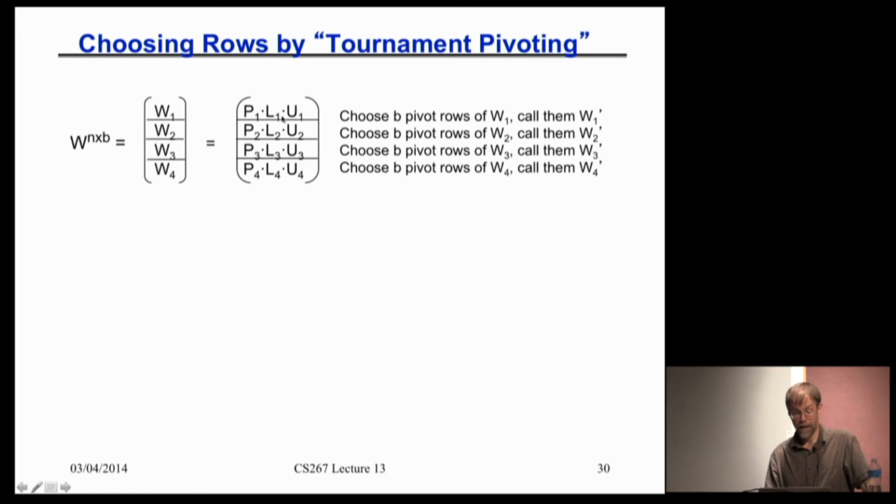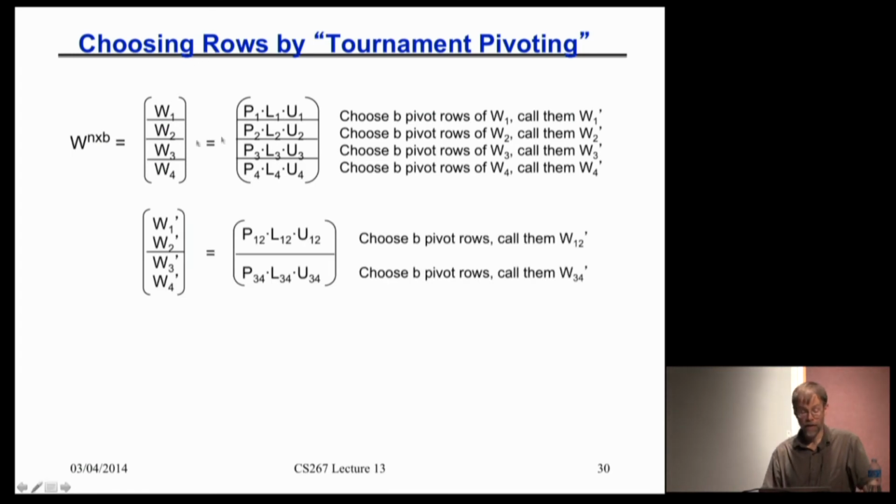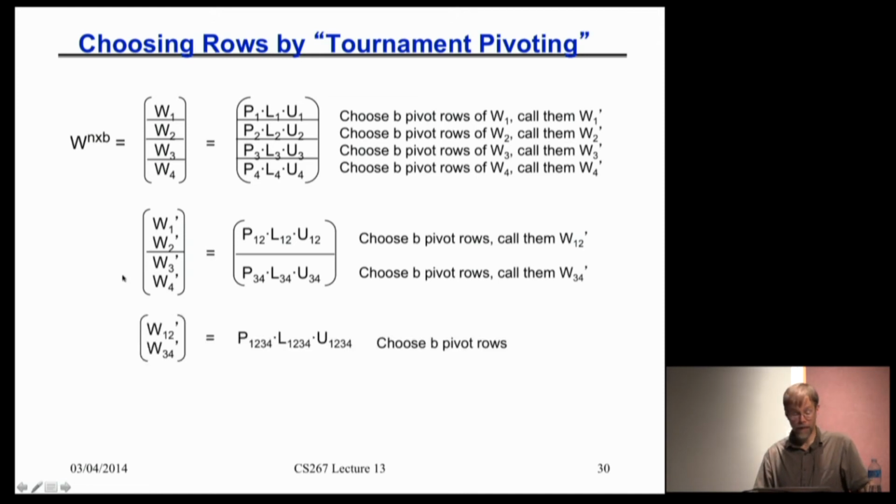Now it's time for the semifinals. I take the best b rows from processor 1 and the best b rows from processor 2, put them together in a game, and run Gaussian elimination again. I eliminate, and pick the best b rows from these 2b, and I'll call those W1 2 prime. Similarly, I'll pick the best b from the other 2b rows, and pass those up the tree. Now it's time for the finals.